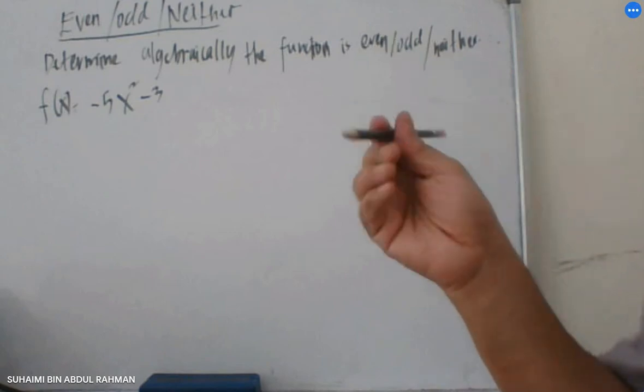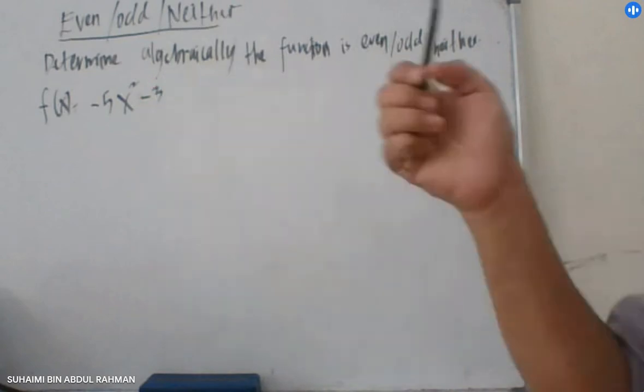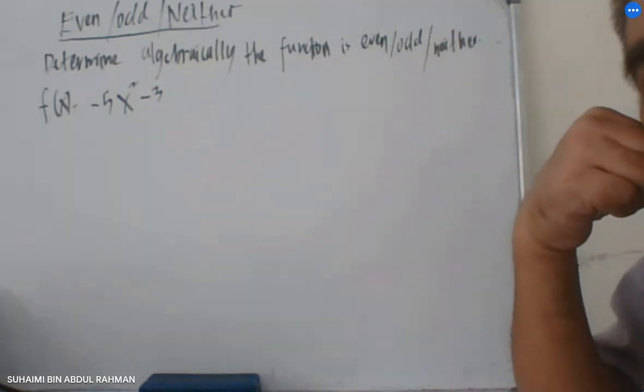And the function, what is the function? The function is 5x squared minus 3.